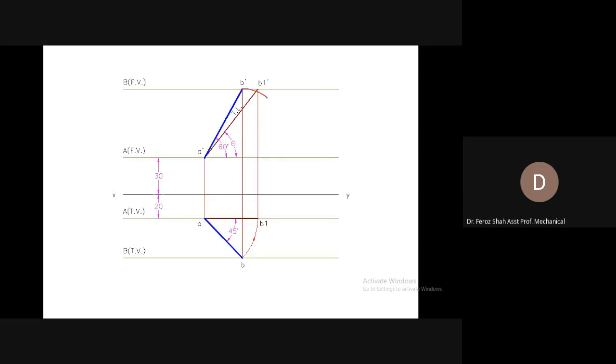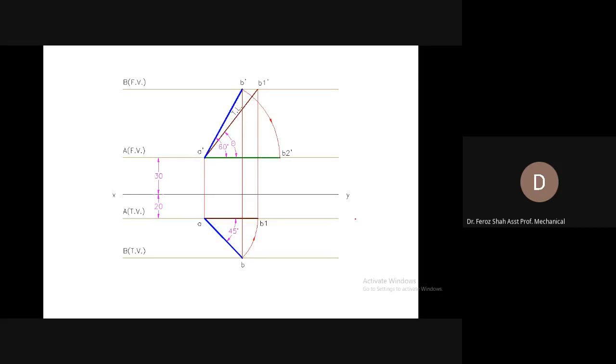Rotate this B dash clockwise in order to make it parallel to the XY reference line. So when you rotate it to this position, to the locus of A dash, which is parallel to the XY reference line, you have made this front view parallel to the X direction.